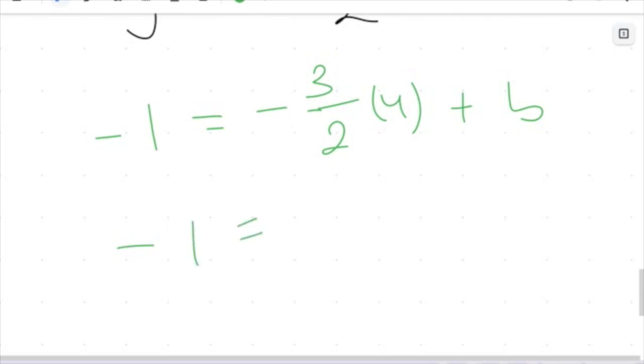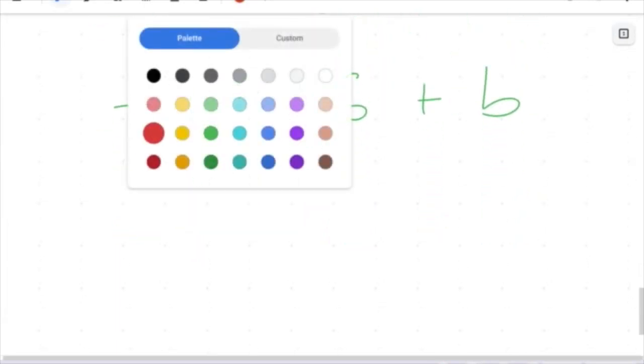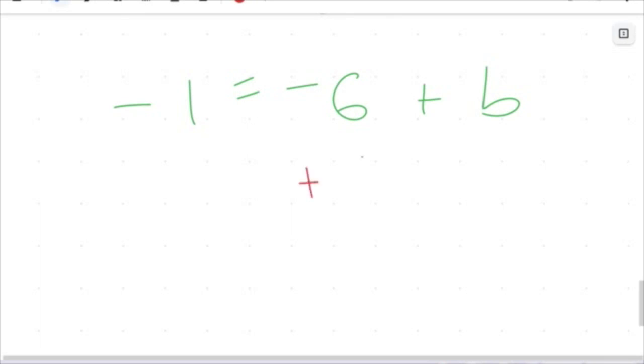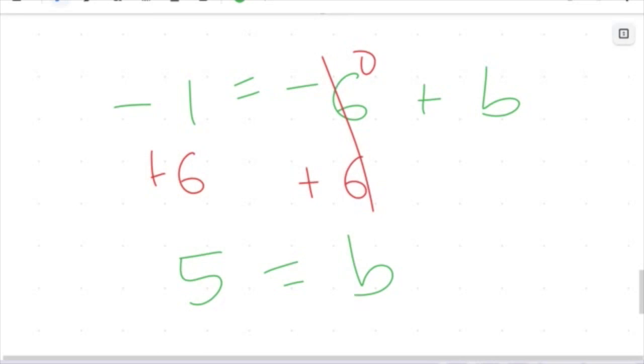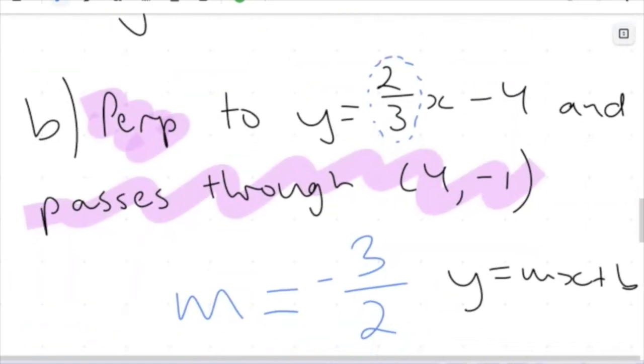So minus 3 on 2 times 4 is going to give me minus 6, and I have plus b here. Now I just want to get to b. So I'm going to solve this equation by doing the opposite operation to give me b on its own. And I'm going to get that b equals 5. And thankfully this time it is a different line.